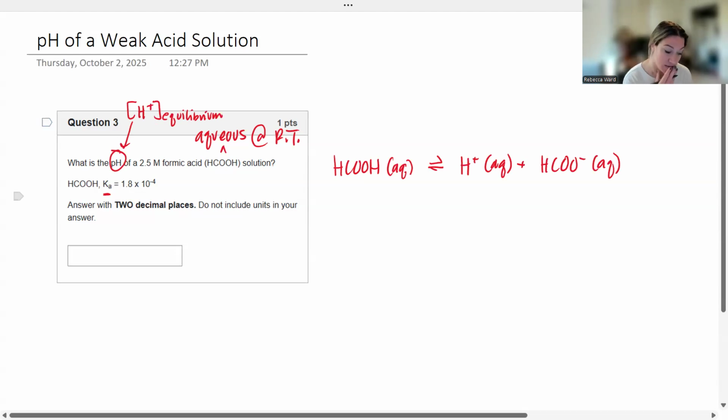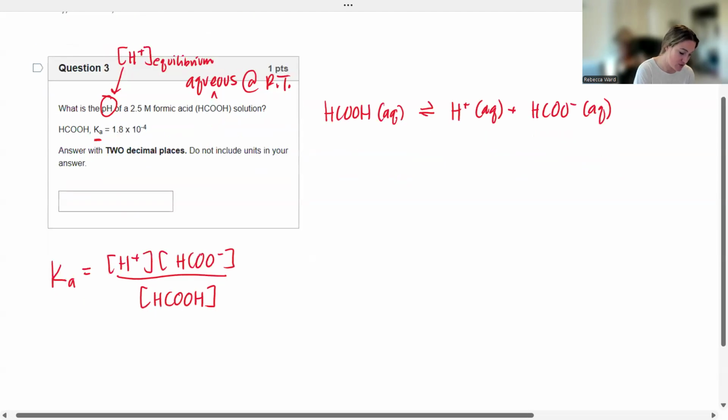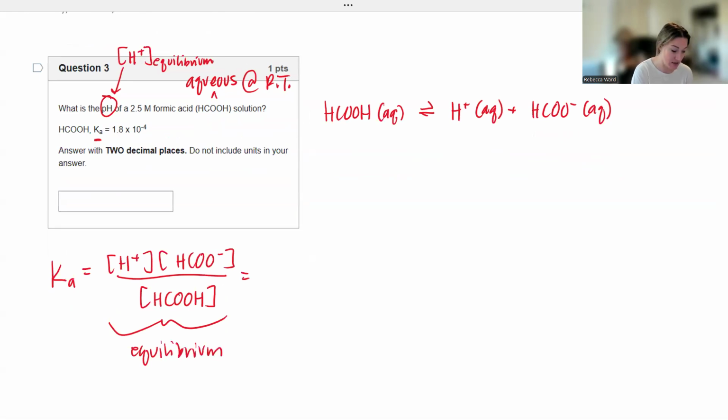All right, so to set this up we are going to use an ICE table, just like we did when we were doing non-weak acid equilibrium questions. Ka equals, and now I can write an expression here. I want all of these to be equilibrium values because that's what K is defined as, and we know that it equals 1.8 times 10 to the negative fourth.